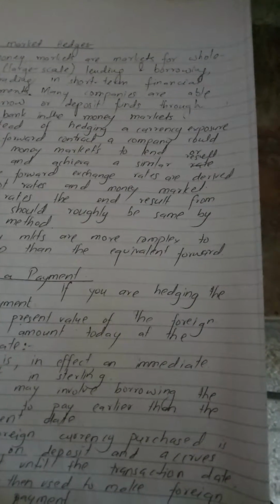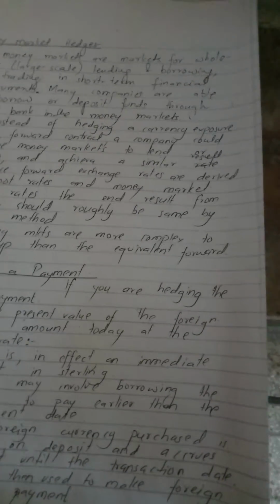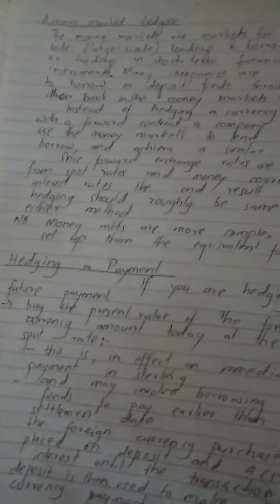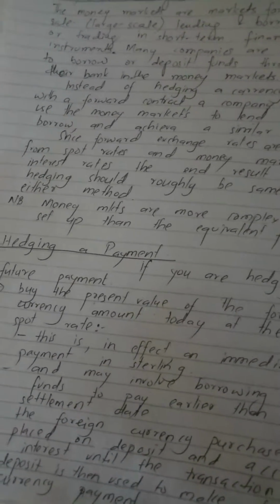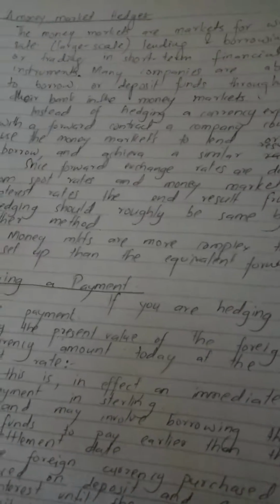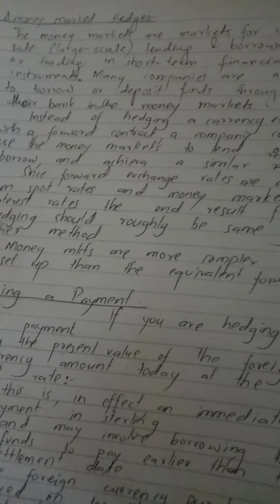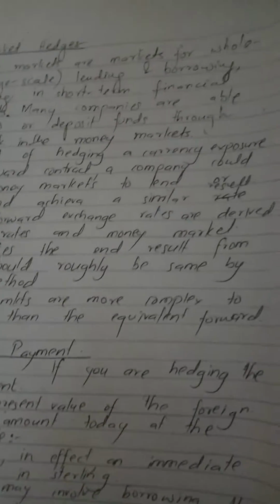You just need to convert it using the UK borrowing rate, and that would be the amount that you are going to pay. Then you compare that with the forward contract and see what will be the best possible payment. That is why money markets are more complex to set up than the equivalent forward. That is what they call a money market hedge.